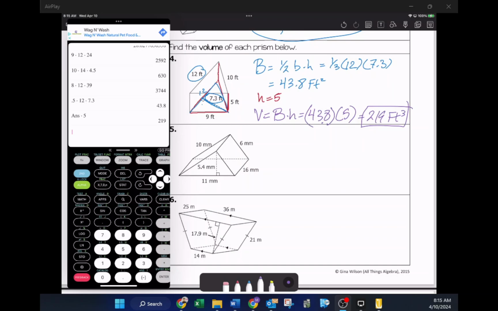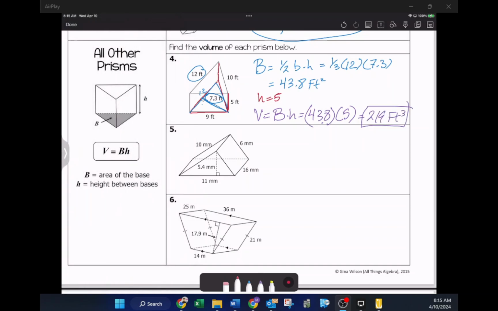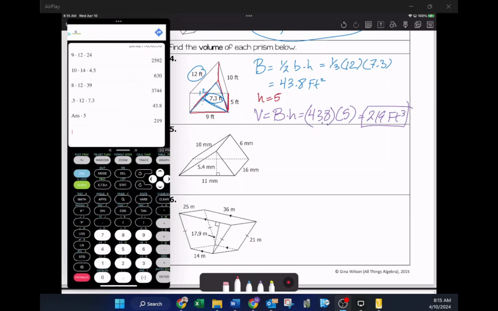All right. So for the first one, again, volume being the area of the base times the height. We have our base as this triangle here. So the area of that base would be 1/2 of 11 times 5.4. So 0.5 times 11 times 5.4 gives you 29.7. The height being the distance between the two bases, 16.